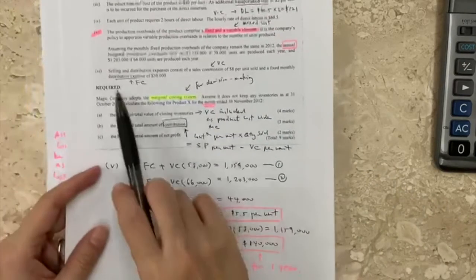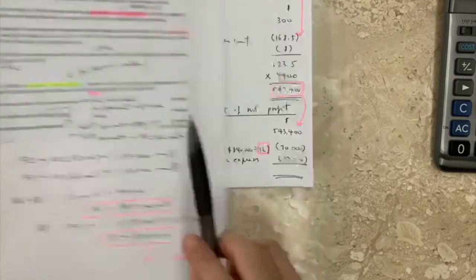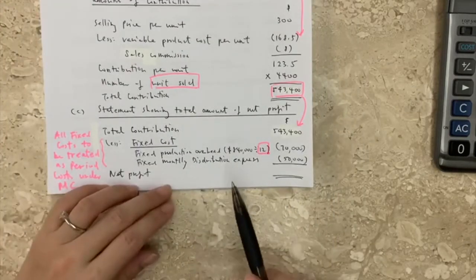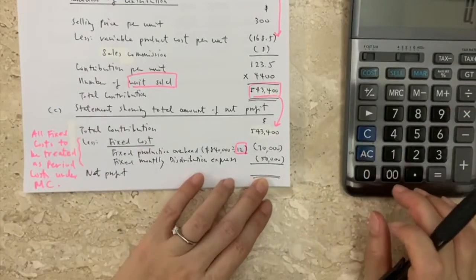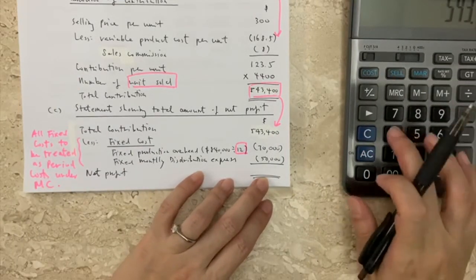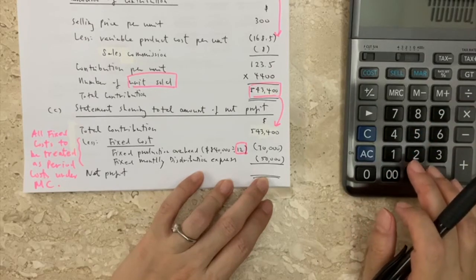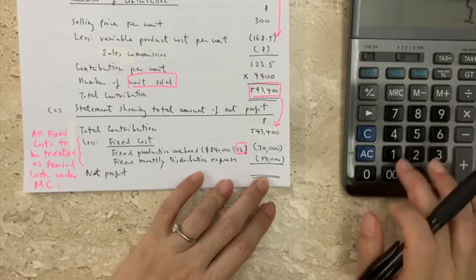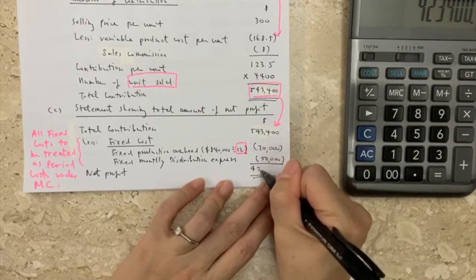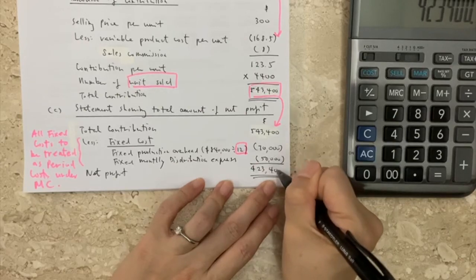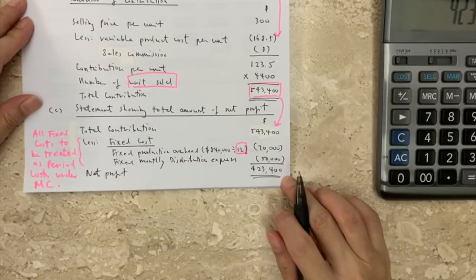Point number 6, we have this 50,000 for distribution expense, which is fixed and for 1 month. Therefore, how much will be net profit under marginal costing? 543,400 minus fixed production overhead for a month, and then minus 50,000. This is the final answer for net profit under marginal costing system.